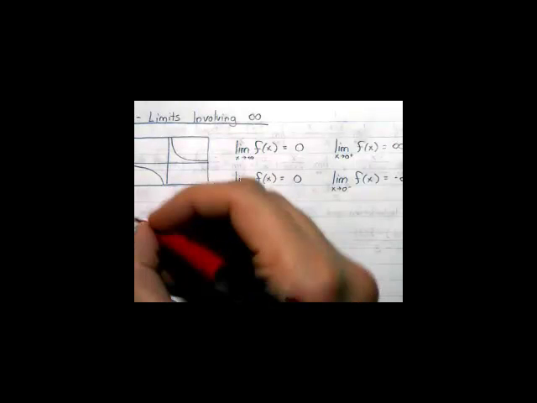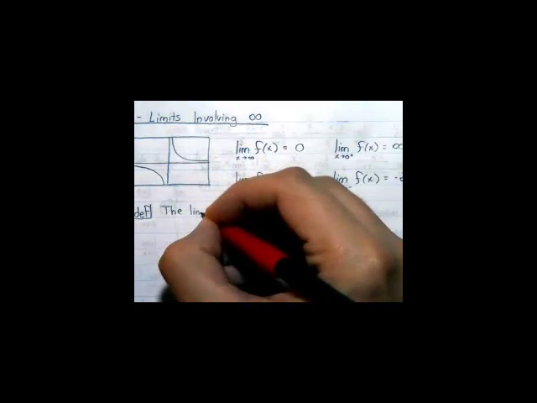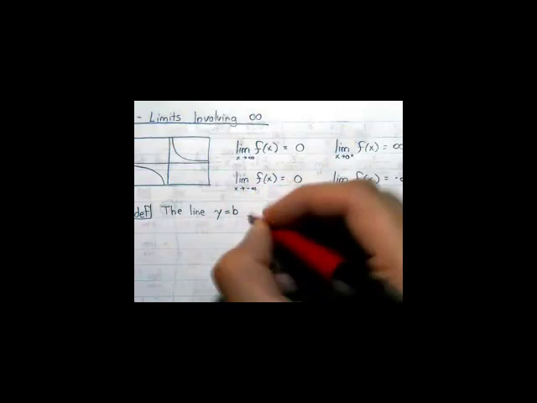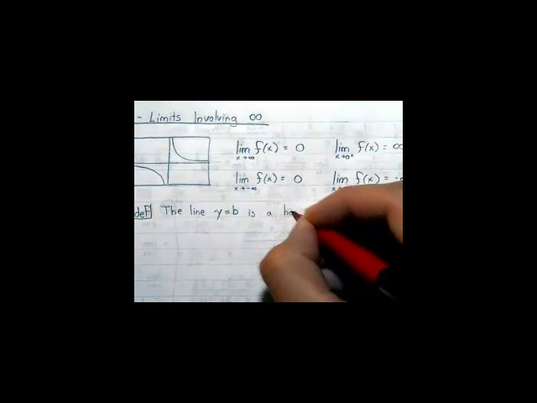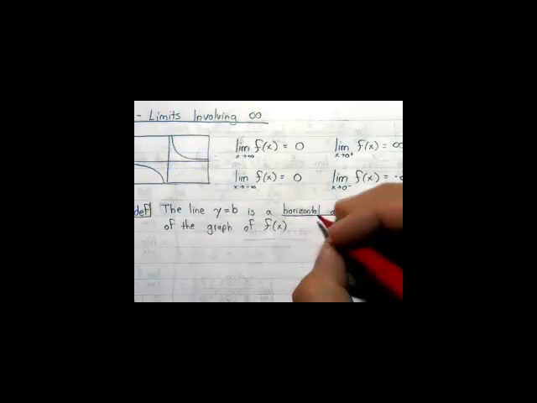So, a little definition while we're talking about it here. The line y equals b is a horizontal asymptote of the graph of f of x if the following is true.